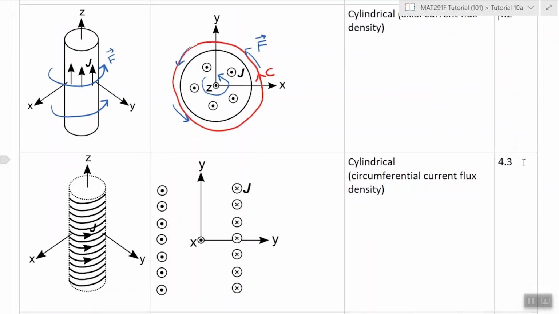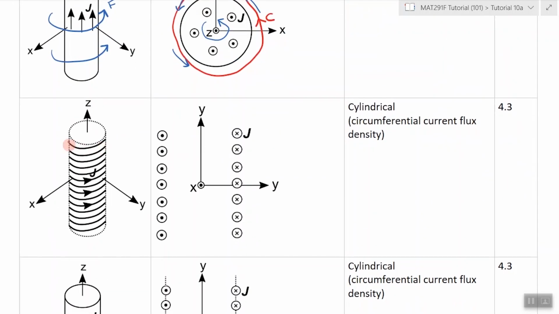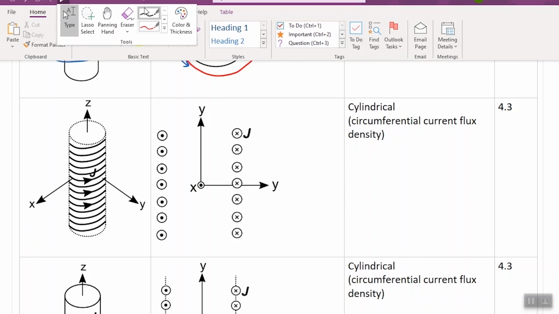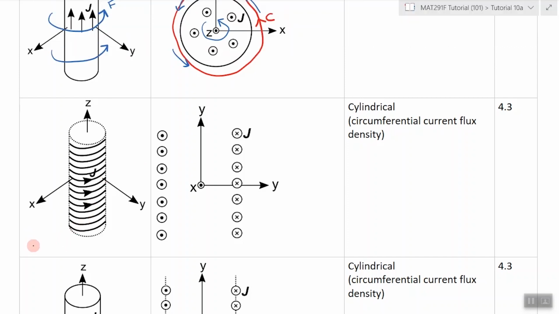In section 4.3, you have geometries like this one. This is an infinite axial helix. The kind of current density you have is circumferential current flux density because it goes around the circumference instead of going like it did in this problem.